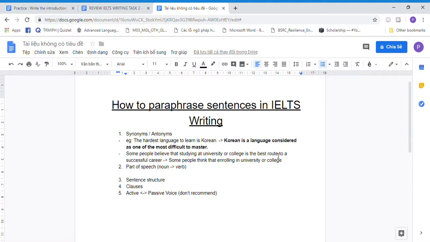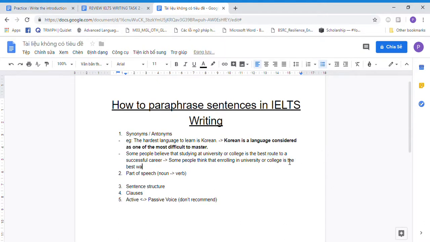is the best route. Route is like the best way. Is the best way to a successful, or to be successful, right?